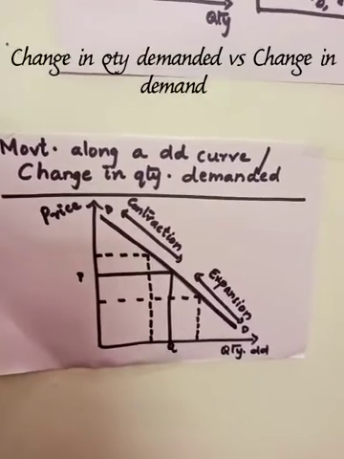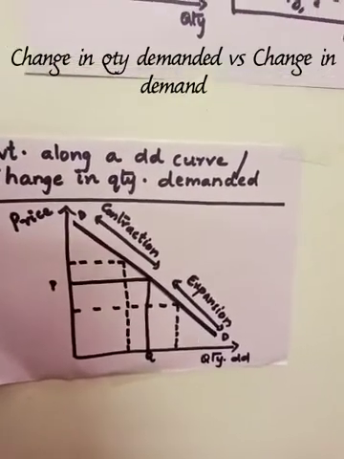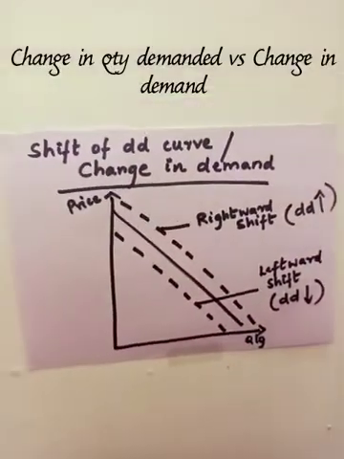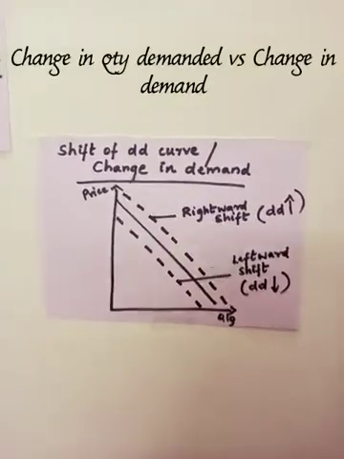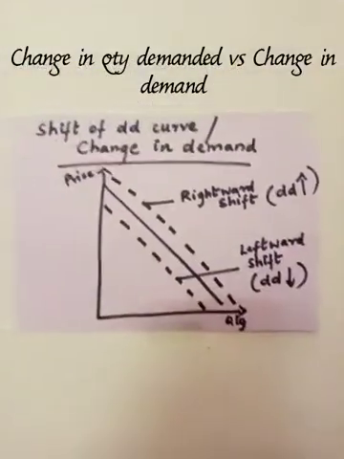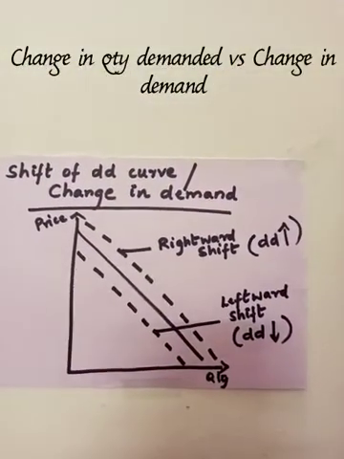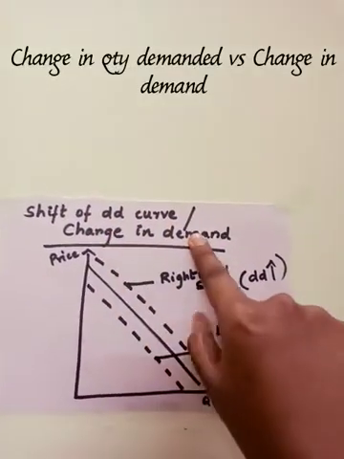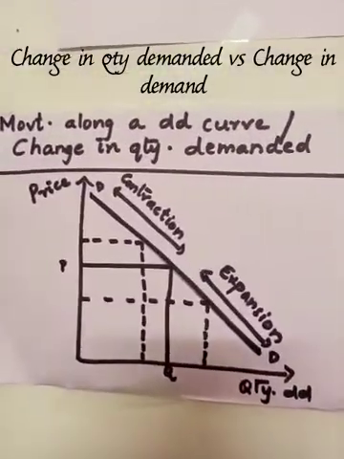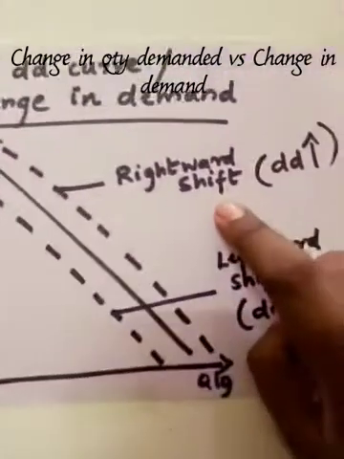Now moving on to shift of demand curve or change in demand, which means all the factors change. All the factors which we have discussed will start to change. Now shift in demand curve or change in demand. See here it is change in quantity demanded and here it is change in demand.